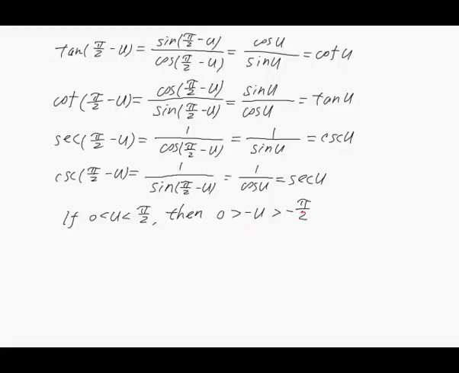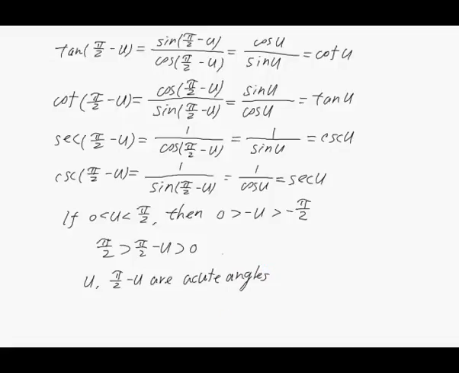And then we add half pi to each part. So we have half pi plus 0, so that's half pi, and half pi minus u, and then greater than half pi minus half pi, that is 0. So now you can see this half pi minus u is still between 0 and half pi. So both u and half pi minus u are acute angles, right?